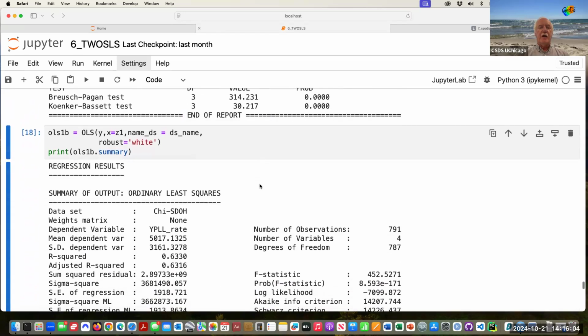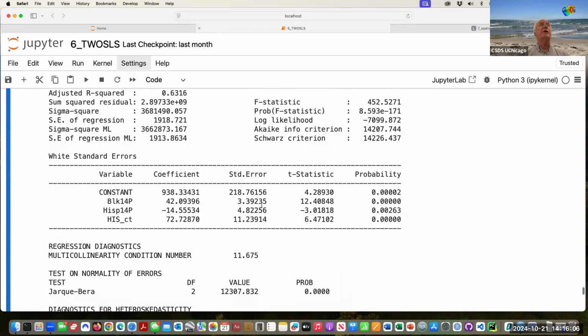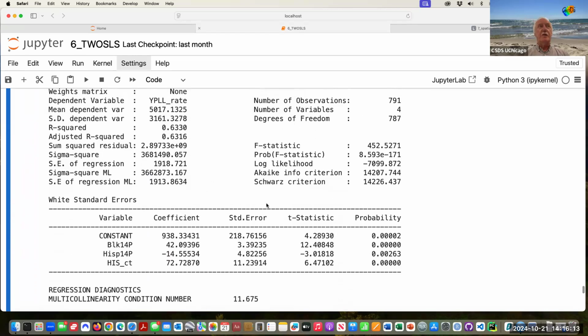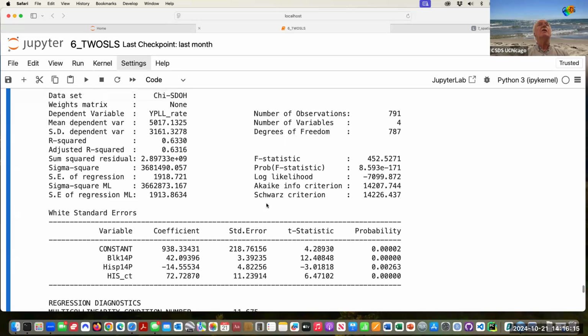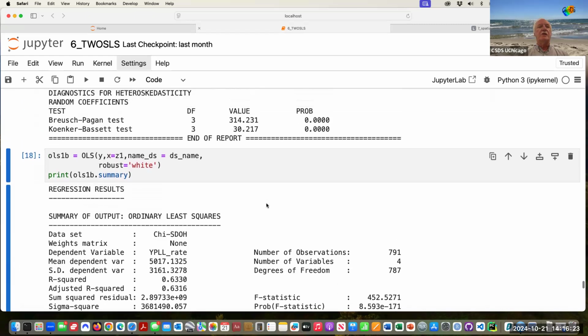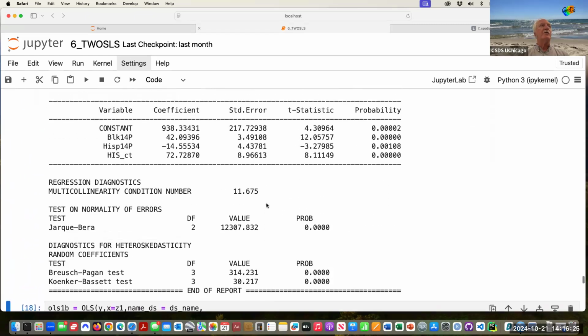And then 3.49, robust is 3.39. Oh, this one is smaller. So this can be very confusing. In general, the robust standard errors tend to be larger than the classic ones, but not always. Okay. So it's not a hard and fast rule, but it's a general tendency.